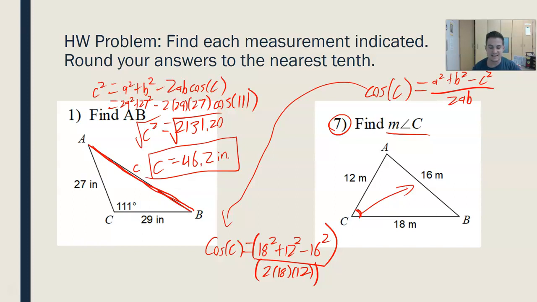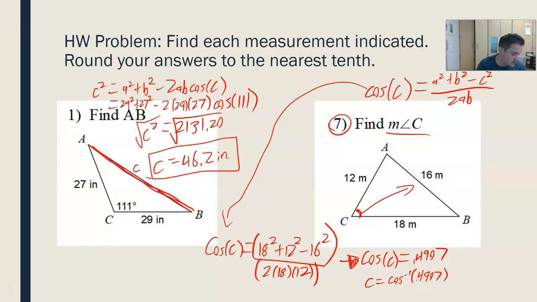Type it in exactly like that, and I get, let me draw a little arrow over here, cosine of C is equal to 0.4907. Well, that's the cosine of C. I need to find out what angle C is, so C is going to be the inverse cosine of 0.4907.